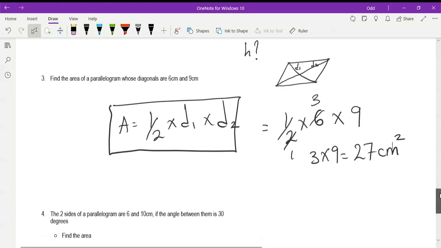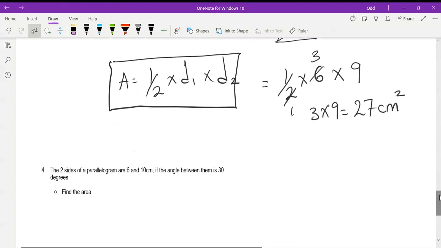And then we also have a situation where we can use trigonometry. The two sides of a parallelogram are 6 and 10, and the angle between them, you can also visualize this. If you're not interested in trig, you can stop the video now, but you might do this at a higher level.